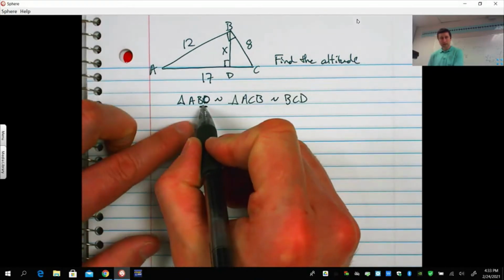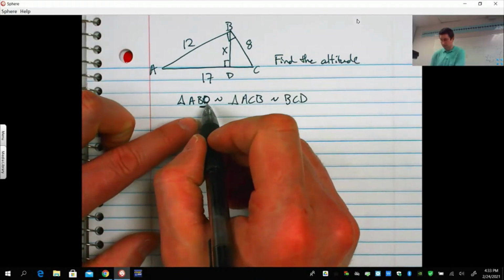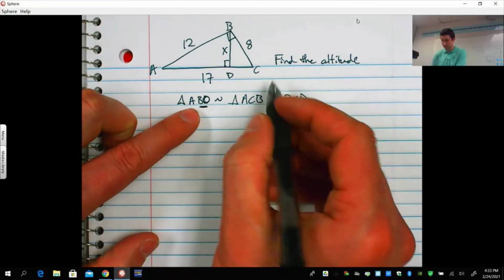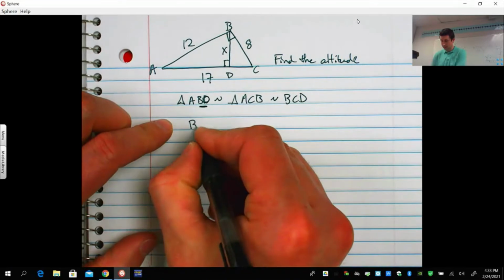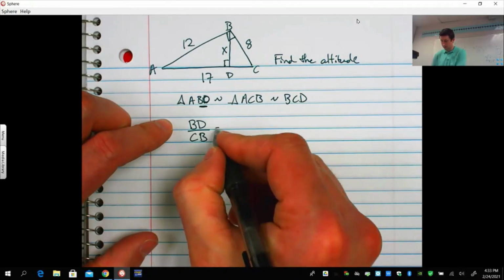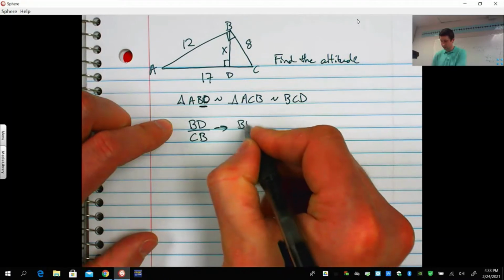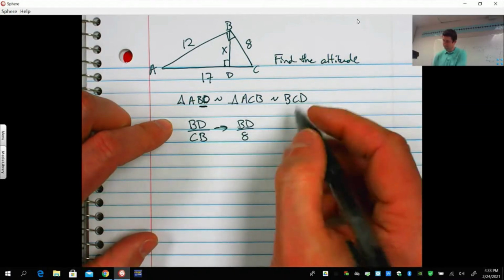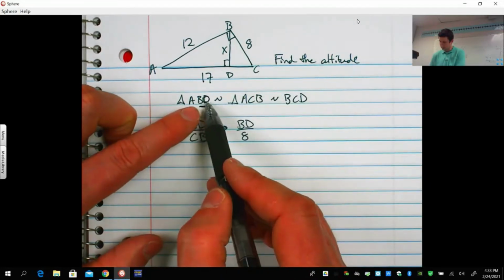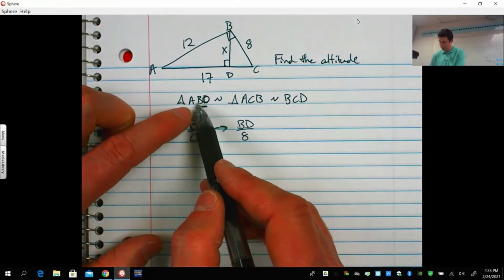So BD, let's look at our corresponding parts. It corresponds to CB. Okay, well CB is 8. So I have BD over CB. So that becomes BD over 8. What else do I know? Let's go back to this. Do I know AB and AC?